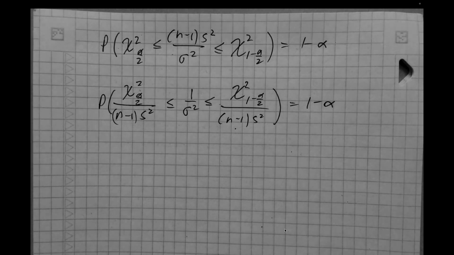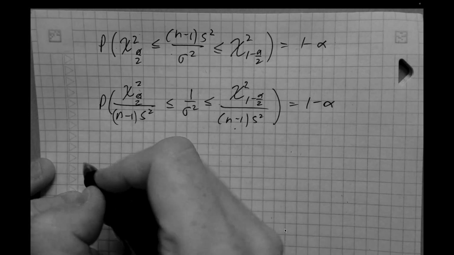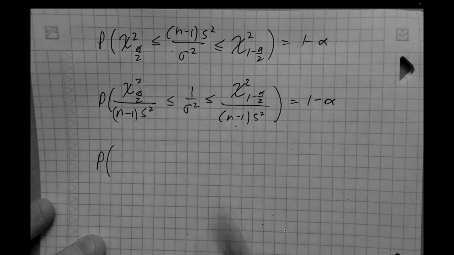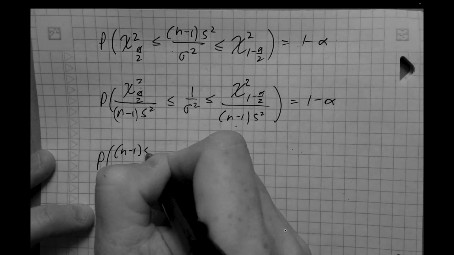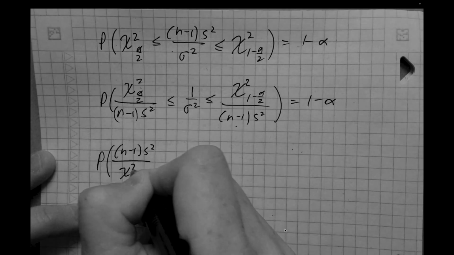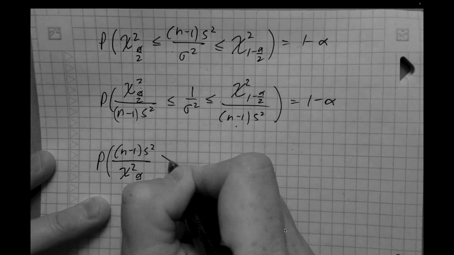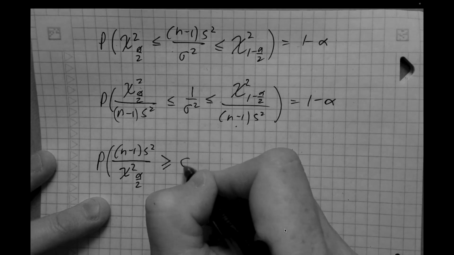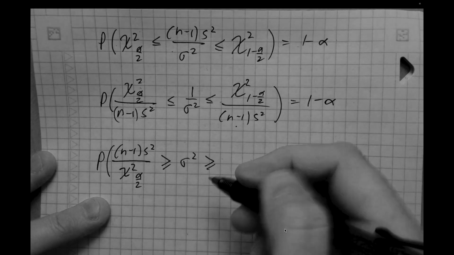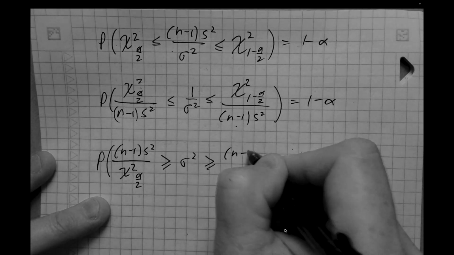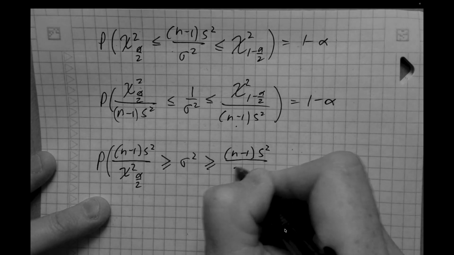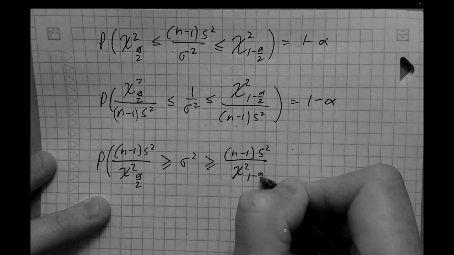We just have to take reciprocals now, and when we do that, don't forget, we have to flip the inequalities. And so I have the probability that n minus 1 s squared over chi squared alpha over 2 is greater than or equal to sigma squared, which is greater than or equal to n minus 1 s squared over chi squared 1 minus alpha over 2.